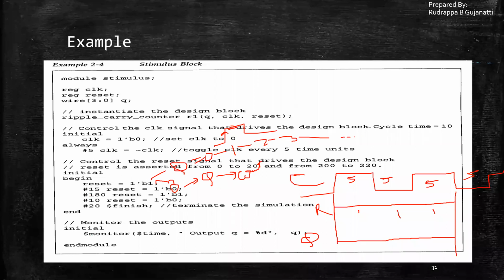After the 15th unit, Q should start to count, but the count will happen only when the next clock cycle is available, that is, when the clock is high. So Q will be 0, 0, 0, and after this Q starts to count from here.